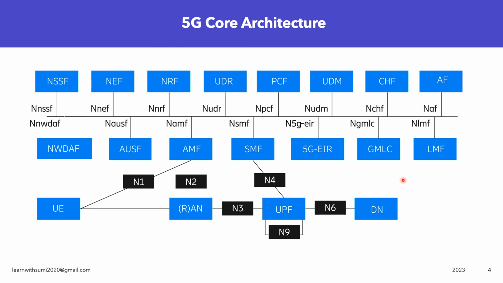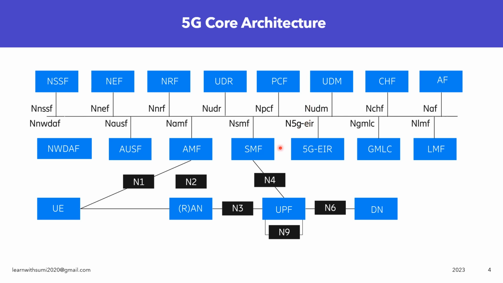And also you can see some of the interface names: NSSF, NWDAF, capital N followed by NEF. If you closely relate them with their network functions, you can see the capital N is just followed by the network function name, such as PCF. These are not complicated network interfaces.